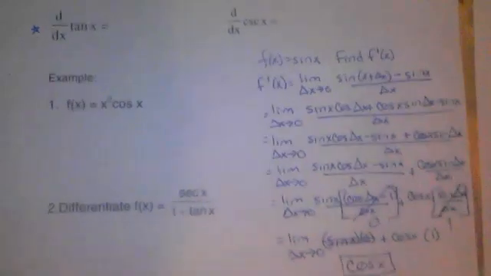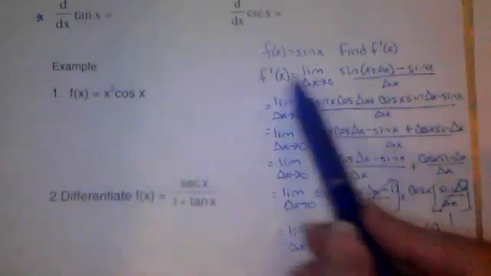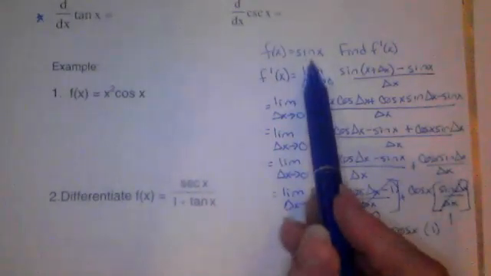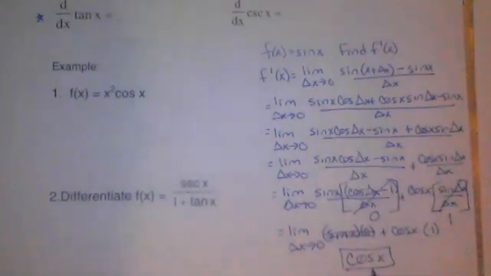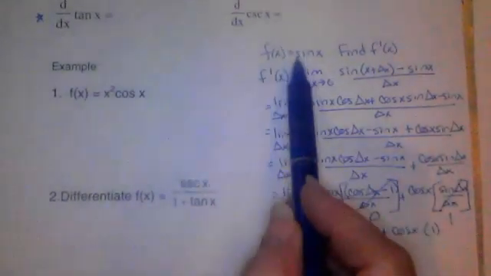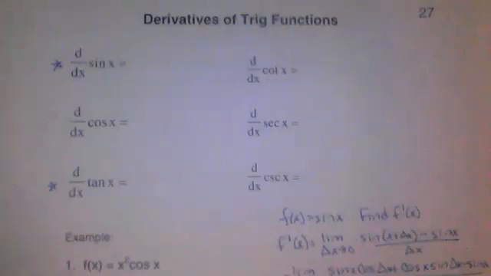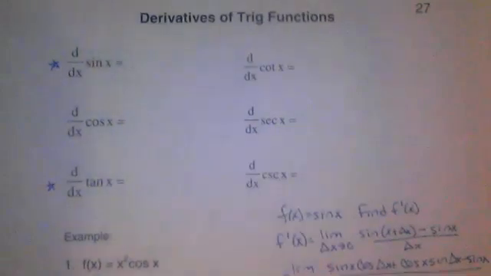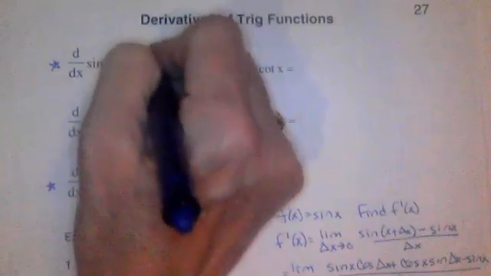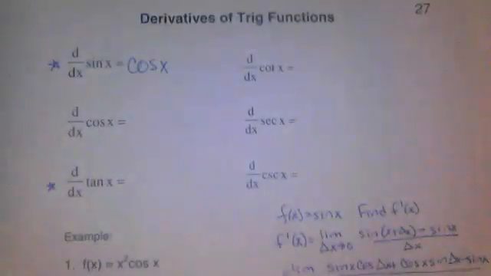So all of that to say that the derivative for sine x is cosine x. Now, like I said, I'm just going to tell you most of the rest of these. So we have this one, derivative of sine x is cosine x.